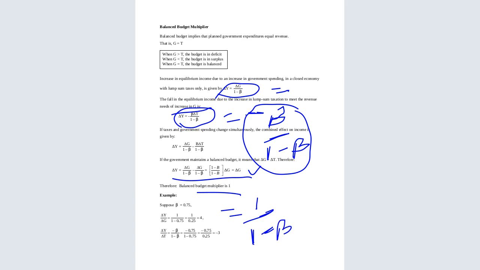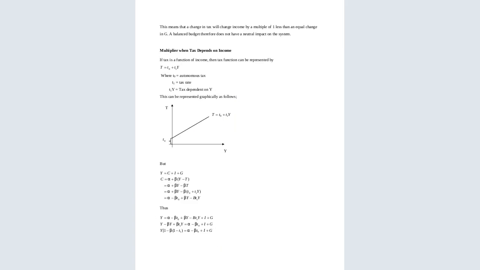So that implies that it is 1 over 1 minus 0.75, which is 4. This is what you have as the government expenditure multiplier. We can also compute the tax multiplier from that case, which is negative beta over 1 minus beta, which gives you negative 3 as the tax multiplier. So that implies that if you increase the tax by 1 unit, the income will reduce by 3 units.